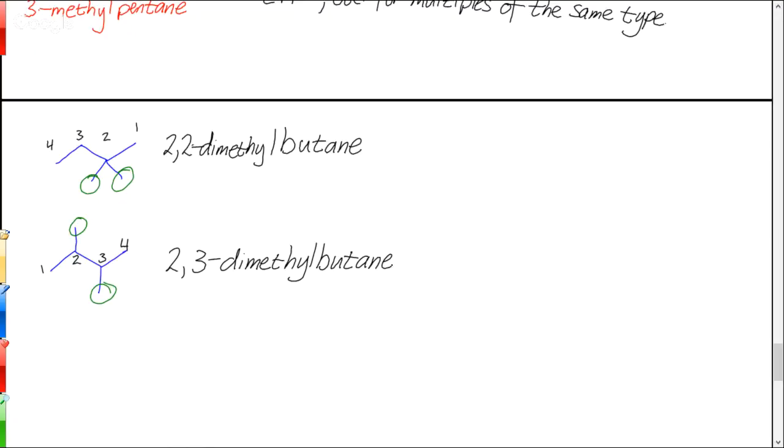All right, a couple things about this one. First of all, notice how we always separate between numbers and words with a hyphen or a dash, and then the numbers get separated by a comma. The ordering here would be E before M, ethyls before methyls. The di part doesn't count in the alphabetical order thing.